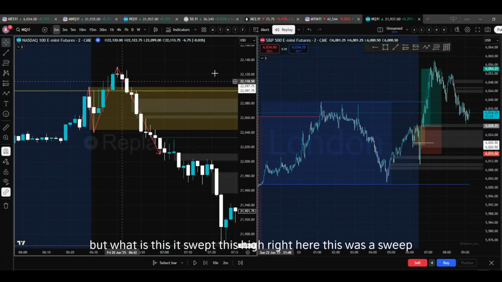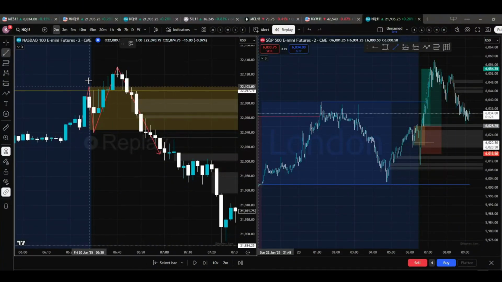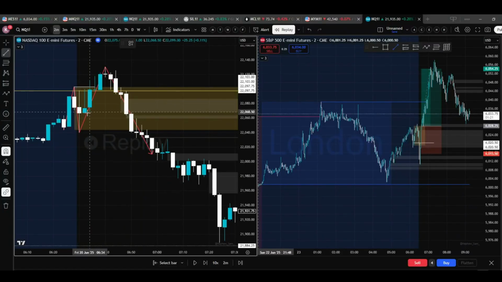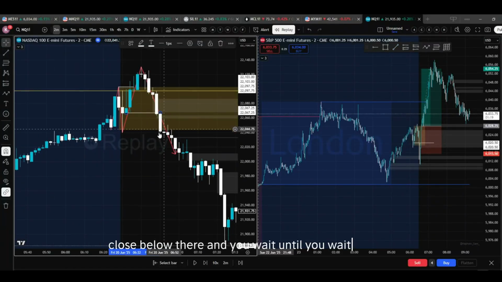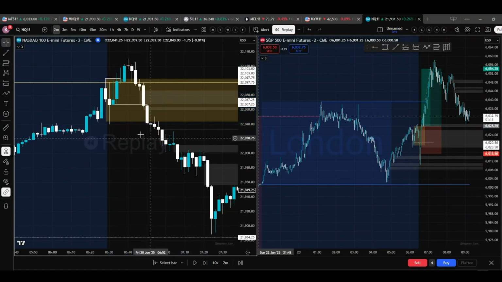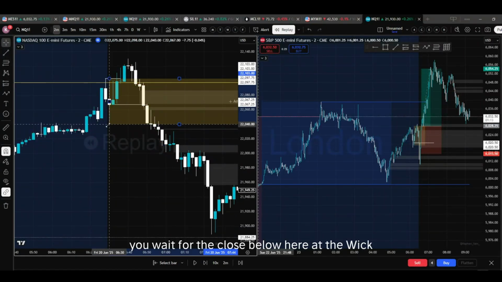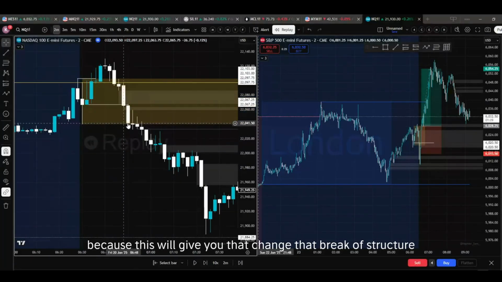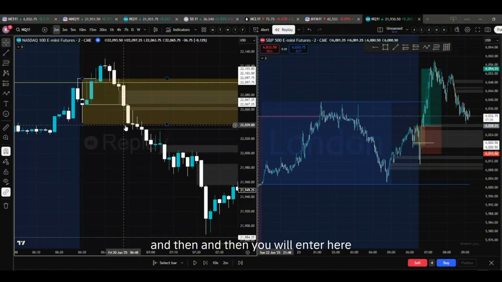It swept this high right here. This was a sweep right there. It went down, closed below there, and you wait for the close below here at the wick because this will give you that change, that break of structure, and then you will enter here.